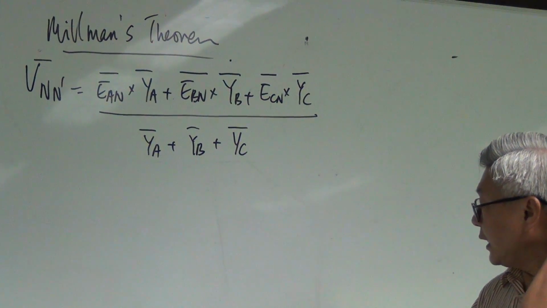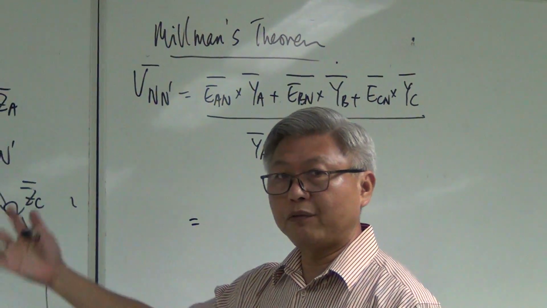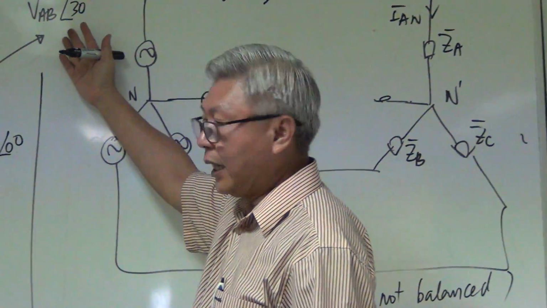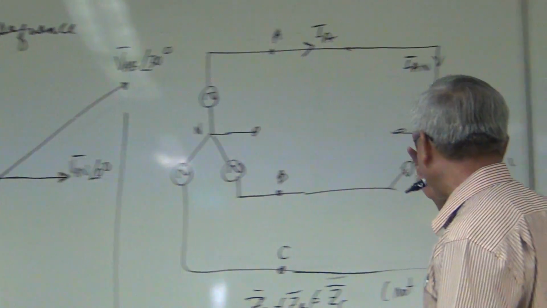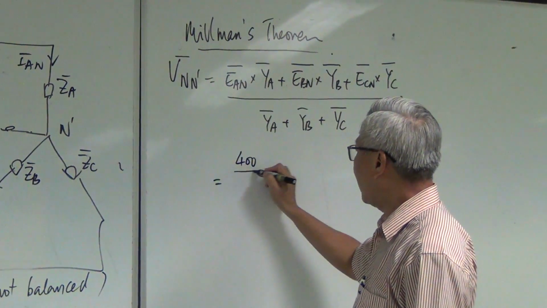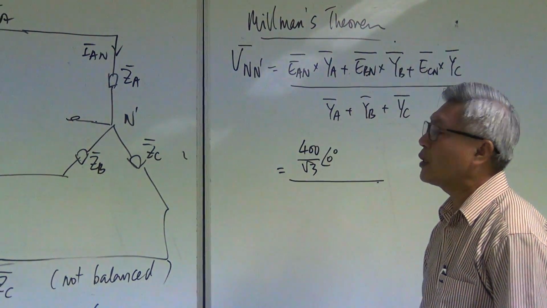EAN, if you remember, the example that we keep on using is 400 volts. So here EAN will be 400 divided by square root 3, based on this phasor diagram, at 0 degree. And what is YA?